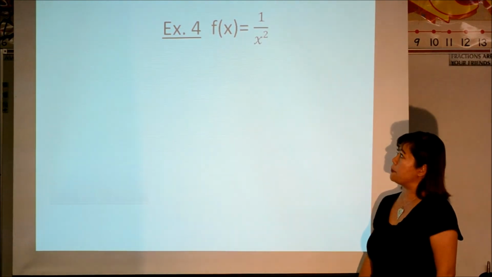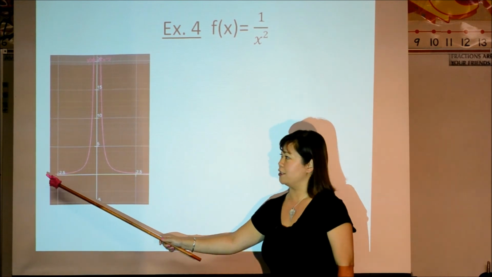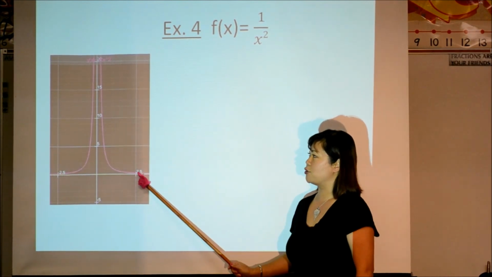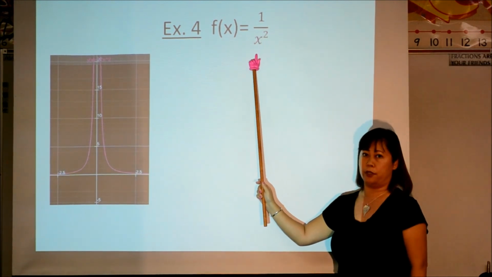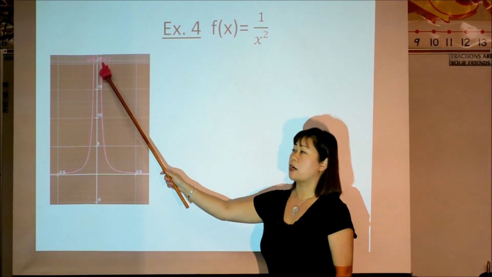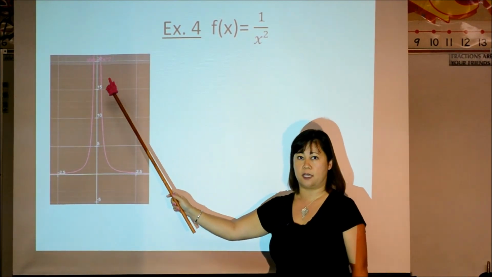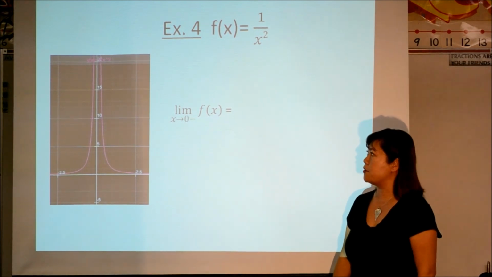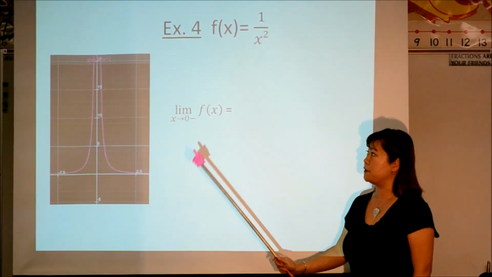So last example, example number 4. When we have a graph like this, I call it the tree trunk example because it looks like a tree trunk right there, and it shoots up. This is 1 over x squared, the tree trunk example, and it never touches. So no matter what, you can try to focus your calculator, but it should never touch. They both shoot up all the way up to infinity. So when we look at the example on this one, it's asking us to find the limit as x approaches 0 from the left-hand side.